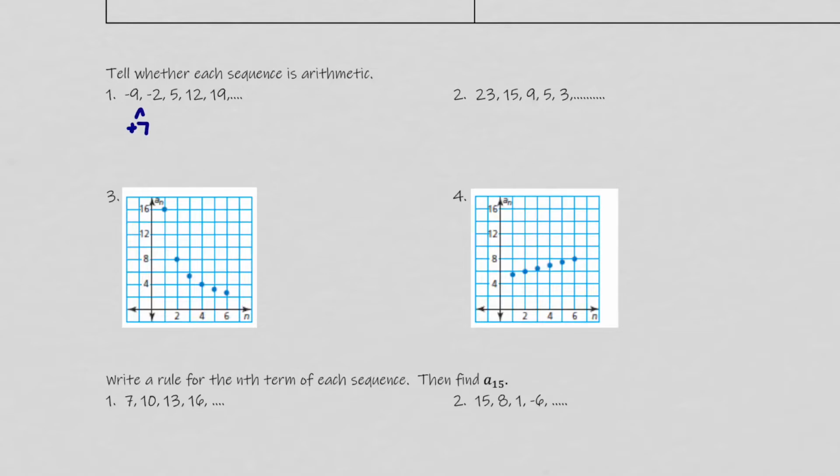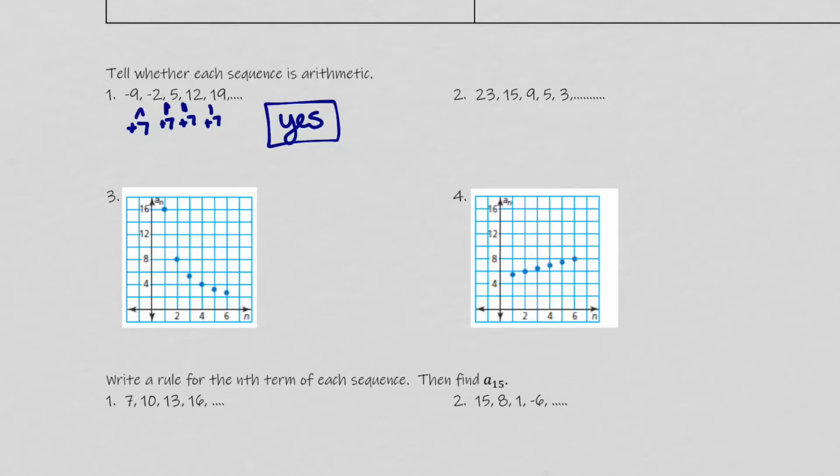It gives me a positive 7. Well, let's see if it's the same between the -2 and the 5. -2 plus 7 does equal 5. 5 plus 7 does equal 12. And 12 plus 7 does equal 19. So yes, it's arithmetic.